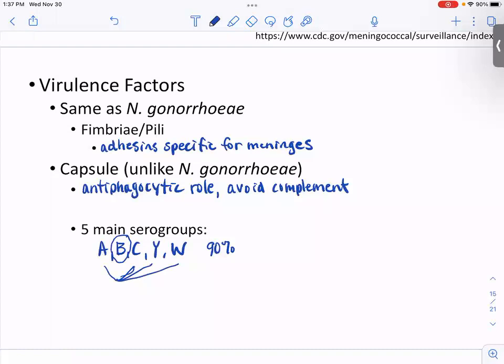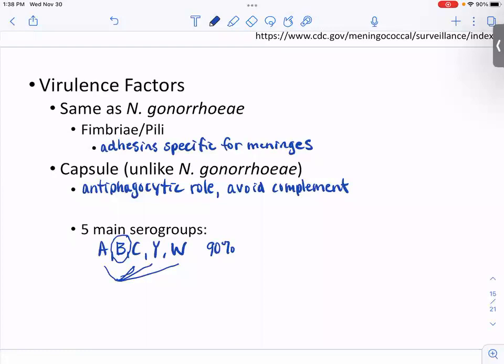I think we had to go about making a vaccine a little bit differently because of the B subtype. So now we have a separate vaccine for the B serotype, but it's so rare that, do we give it to everybody or not? That's the question. But again, some of the outbreaks lately at college campuses have been to that B serotype.